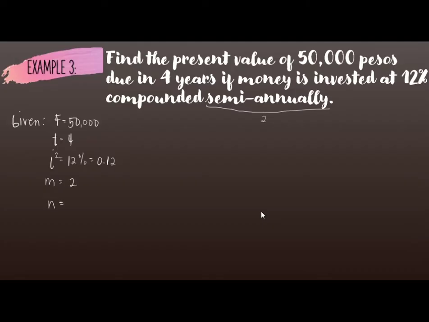So compute natin si N, T times M. So 4 times 2 lang yan. That is 8. Then yung J or yung interest per conversion period, 0.12 divided by 2 since semi-annually. So equal yan kay 0.06. So pwede natin itong gamitin. Okay, so formula for the principal or the present value is equal to F over 1 plus J or yung interest rate over M raised to T times M. Yan.